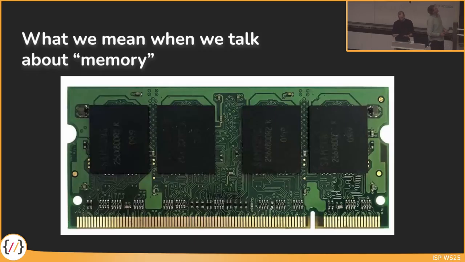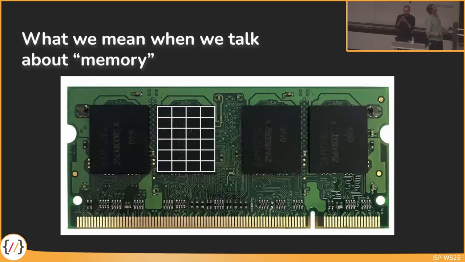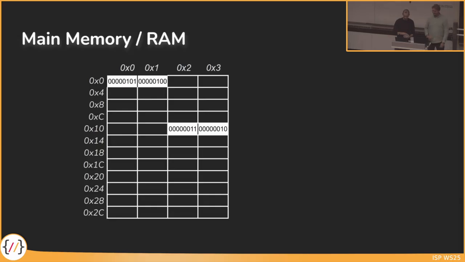And you can imagine when we talk about memory, like there is a grid over this, one of these memory segments here. Let's say it looks something like this. So this is our RAM. We have addresses here. We have bytes inside. So this one has 2 bytes, and there are some zeros and ones inside.